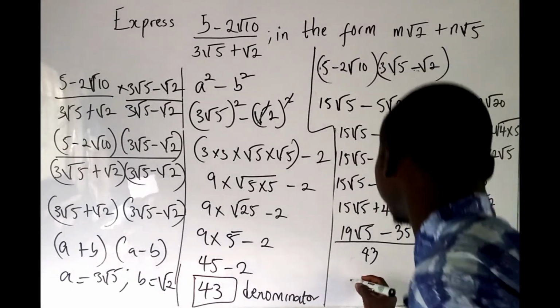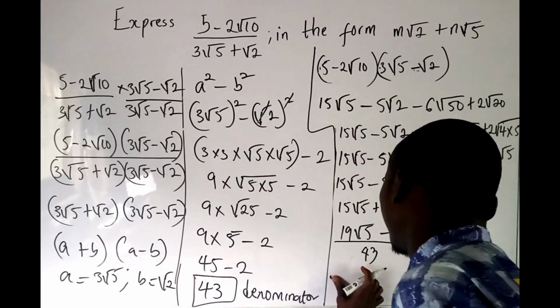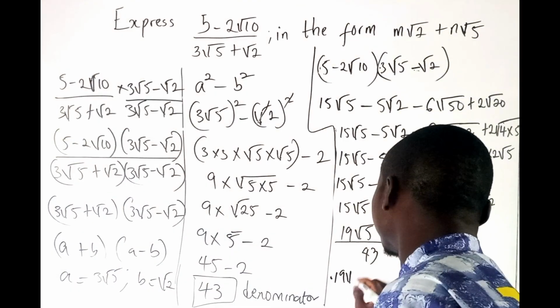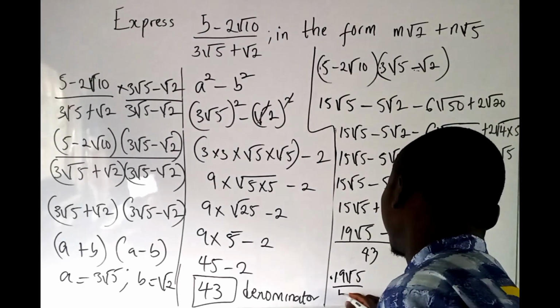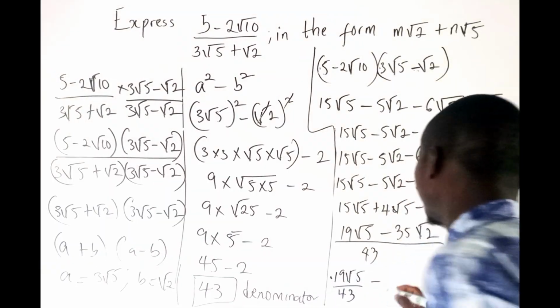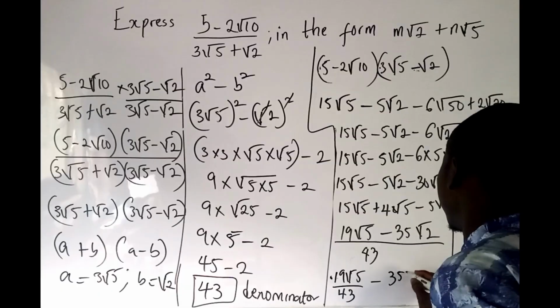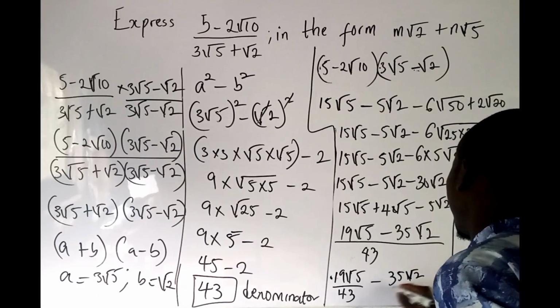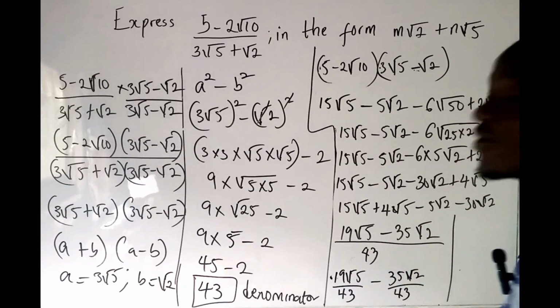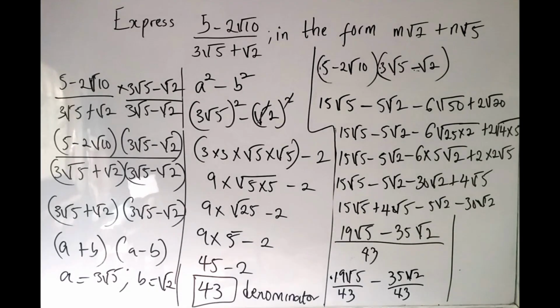So first of all, we can write it as 19 root 5 all over 43, then minus 35 root 2 all over 43. Okay, we are splitting it. It's the same thing. If we look for the LCM, it takes us back to this, so don't panic.